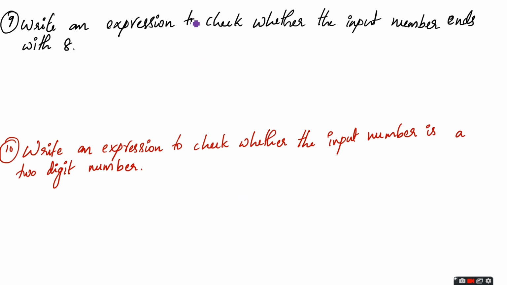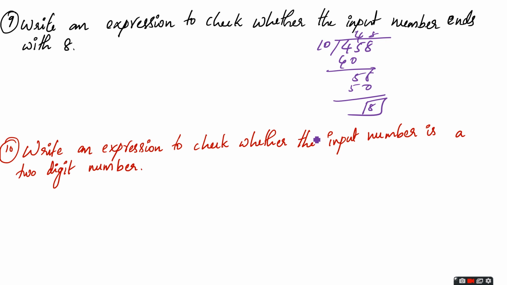Now next question is, write an expression to check whether the number ends with 8. Now see here, 458 is the number I have entered. Now I want to check whether 458 ends with 8 or not. For that I can divide it by 10. Now see the remainder.